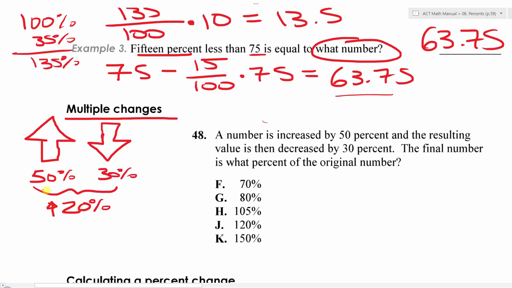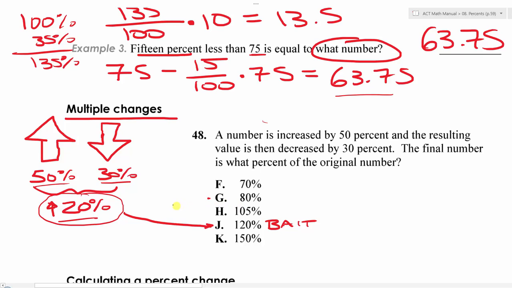So instead of doing a question like this 1% at a time, they're just going to say, oh, well, I can get to the result in one step, and I know that I'm going to increase 20%, and they're going to pick answer choice J. Answer choice J is a big time bait answer, a big time trick answer on a question like this. It's possible even answer choice G, which is just a decrease of 20%, is also a bait answer.